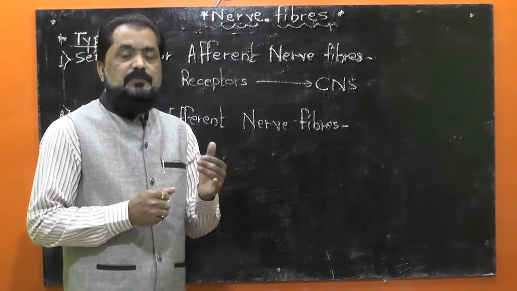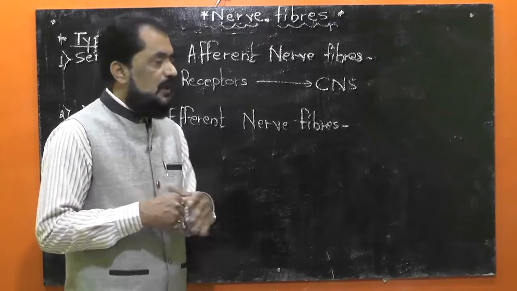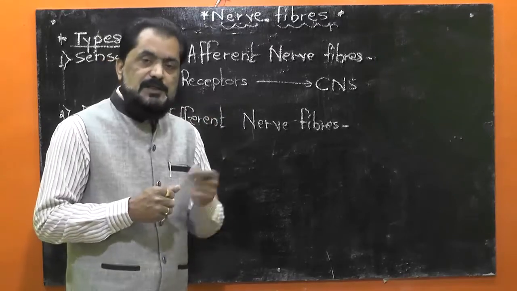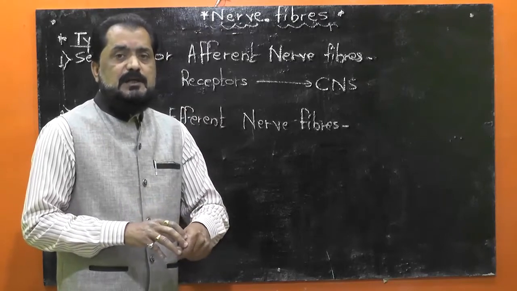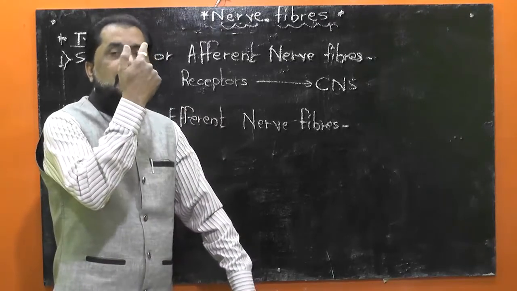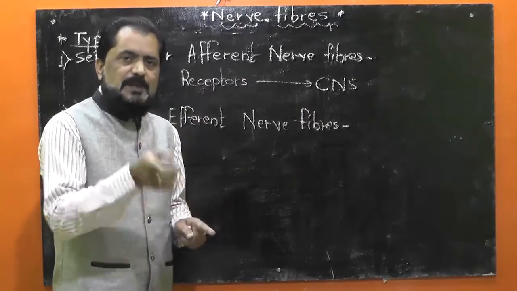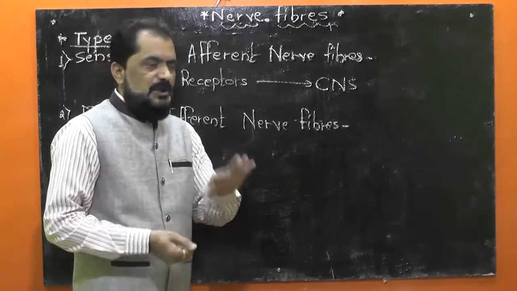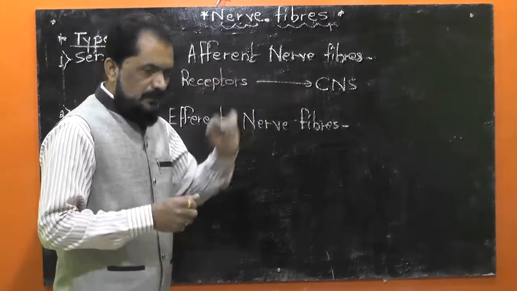So the different structures or organs which receive external stimuli are said to be receptors, and from those receptors electric impulses are conducted to the brain or spinal cord, that is the central nervous system, by means of nerve fibers which are known as sensory or afferent nerve fibers.